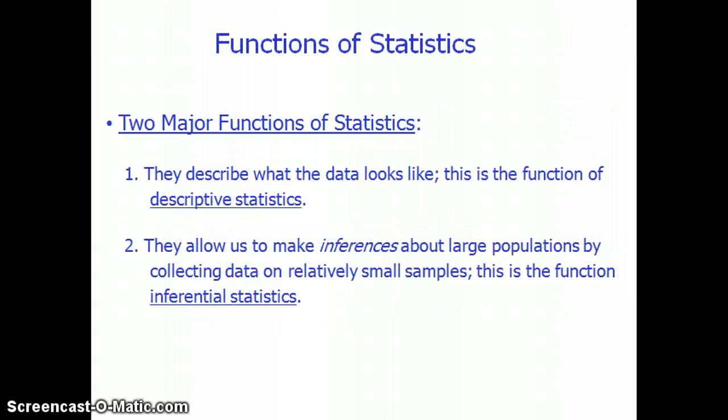In using statistics, we have two major functions. We can use the statistics to describe the data, giving us some descriptive statistics such as measures of location, measures of dispersion, and so on.